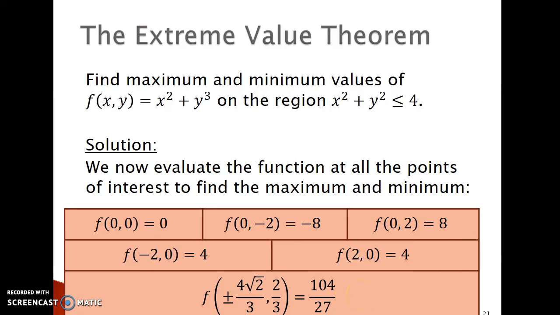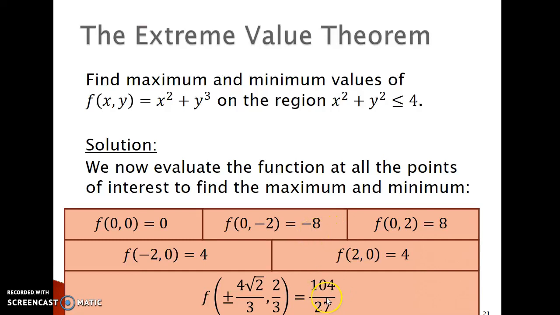So by the extreme value theorem, the maximum value over this region must occur at either a point on the boundary or in the interior. We've found all the interesting points at which that could possibly be. Therefore, the maximum value the function reaches is 8. And the minimum value the function reaches over that region is negative 8.